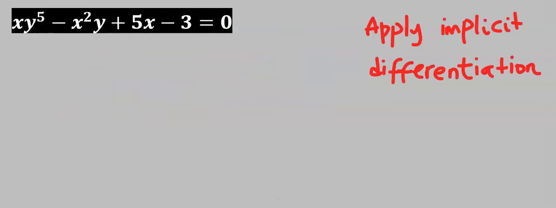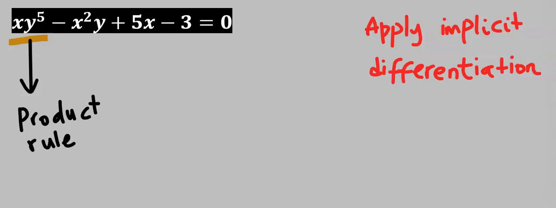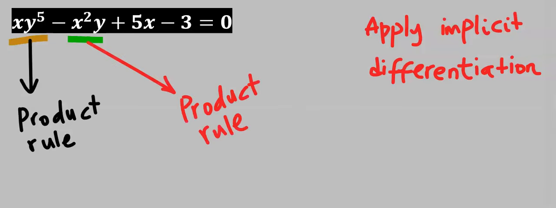To solve this problem, let's apply implicit differentiation. Here, we are going to apply product rule. Likewise, to this, we are going to apply product rule. X is multiplying y to the power of 5. Likewise, x squared is multiplying y. 5 is multiplying x, however, 5 is a constant and not a variable.